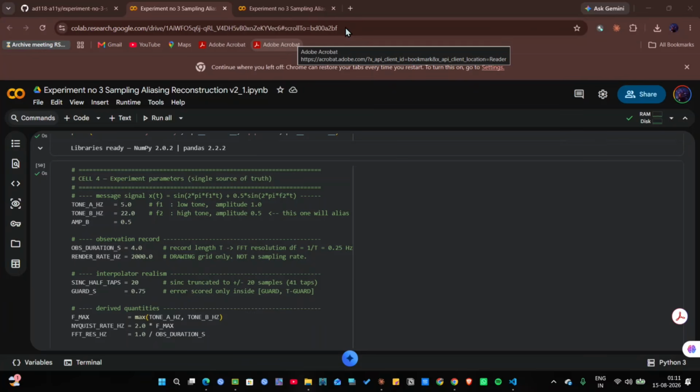Now, figure 2 shows an extremely poor reconstruction with 63% NRMSE. This is the wrong signal. Aliasing has irreversibly corrupted the data.